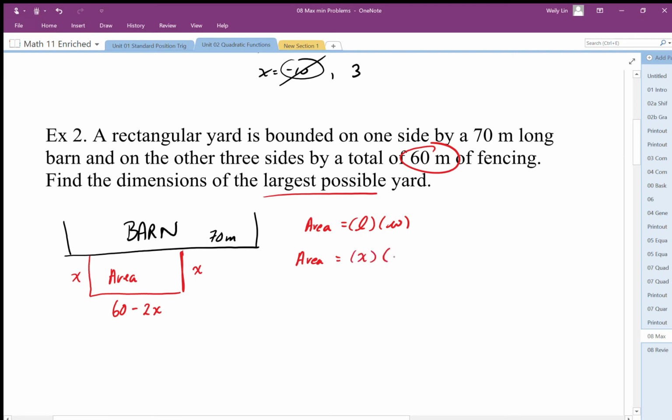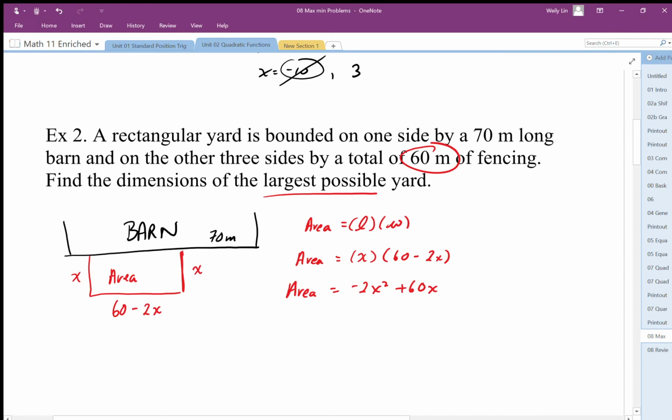Length times width. Okay, and what I'm going to try to do is maximize that. Notice that this is a quadratic function. I'm going to rewrite it, and so I get negative 2x squared plus 60x.